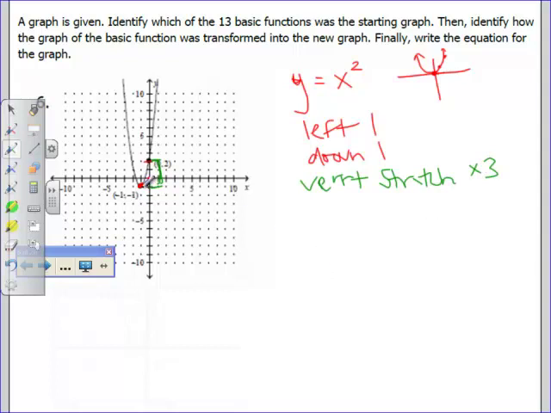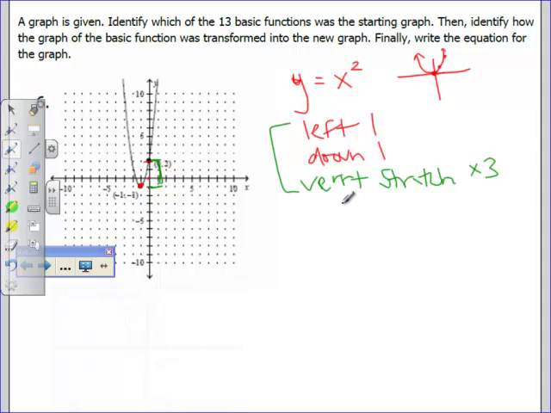It appears that those are the only changes because it is still opening upward, so there's been no reflection. If you reflected over the y-axis, it still would have looked the same way. If you reflected over the x-axis, that's when you would have had it opening downward. So these 3 are our 3 transformations. Put it together into the equation.